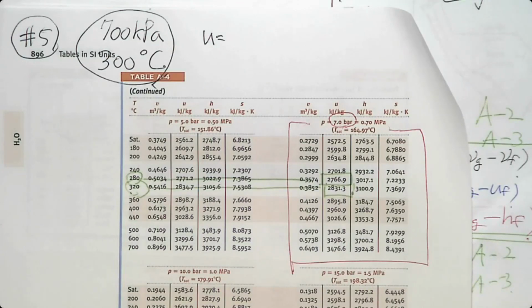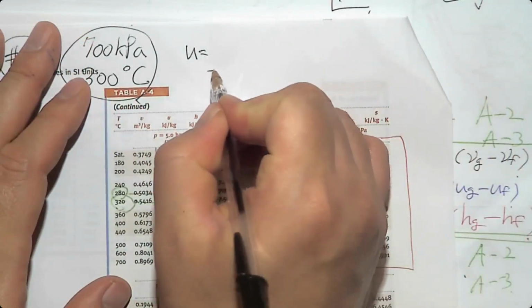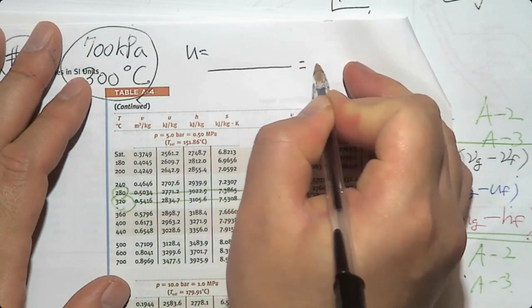Then the question is, how can we do a linear interpolation? Let me give you an equation. So this is how you do linear interpolation.